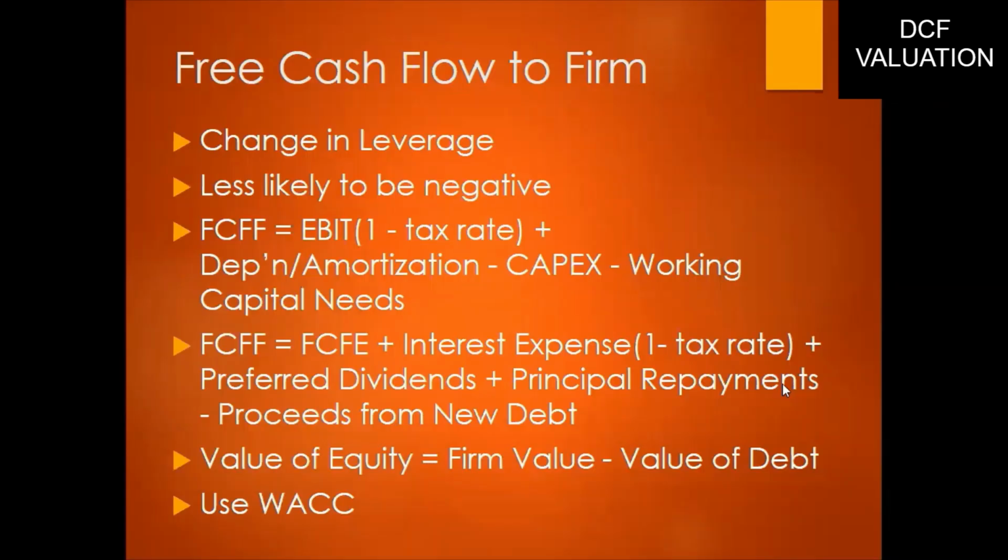When we say free cash flow to firm, this is less likely to be negative compared to the free cash flow to equity. So what do we mean when we say free cash flow to firm? It is free from the point of view of the sources of financing, free from the point of view of the shareholder and the creditor.